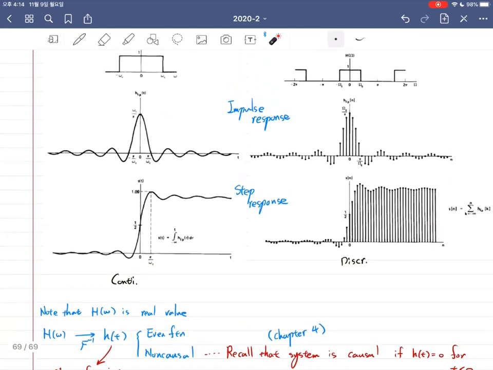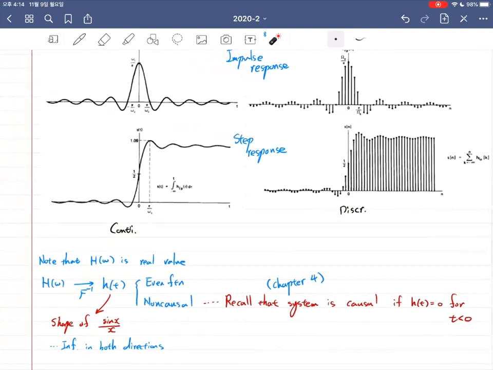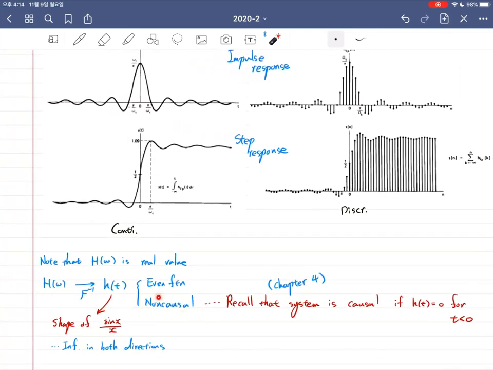But you can see that this is an even function, and even function means you have values for negative t. So we can notify that h of t or h of n are both non-causal systems.